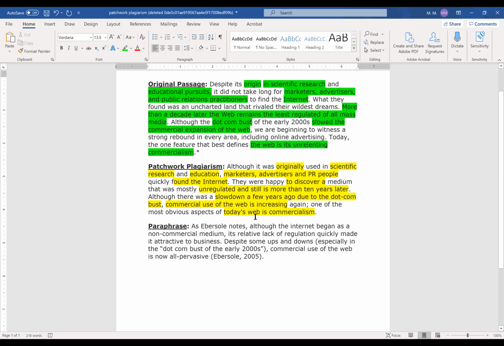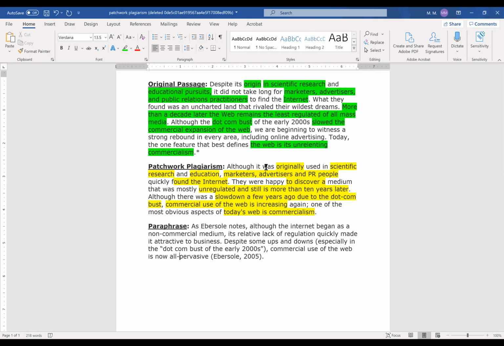So this type of plagiarism is just taking words and reordering them or putting synonyms in, but you're basically going sentence by sentence, same structure, almost the same wording. This is not correct paraphrasing. This may be how you have thought of paraphrasing in the past, but it's not.